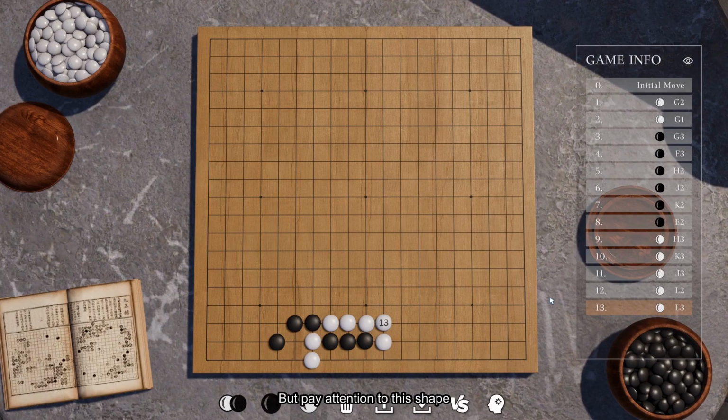But pay attention to this shape. As we just discussed, regarding external and shared liberties, these 2 white liberties are clearly external. And these 2 black liberties are also external. But what about this spot? It is quite interesting.